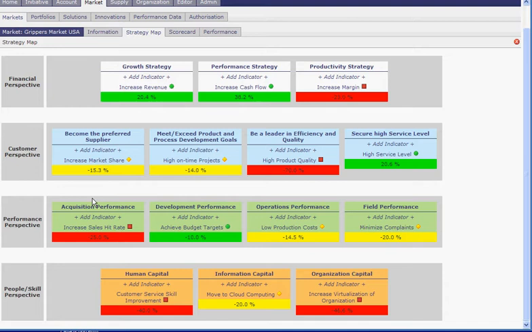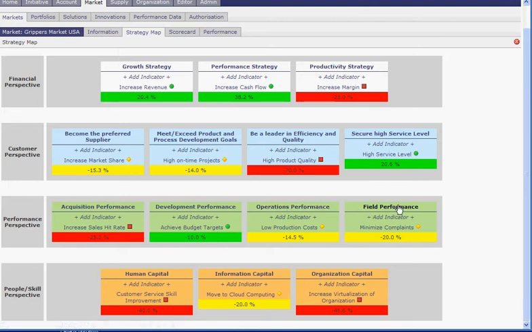It starts from your corporate strategy until your customer strategy, and this is one of the major focuses of strategicfrontend.com. For instance, an objective could be increased sales hit rate as a measure of how good you are on acquisition performance. Development performance, which is also covered by strategicfrontend.com, could be achieved budget targets.